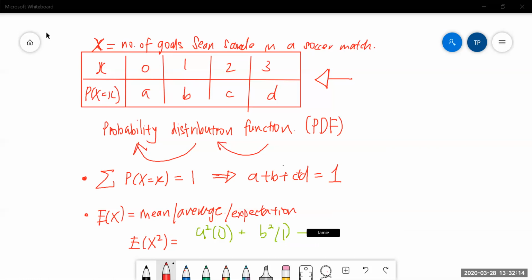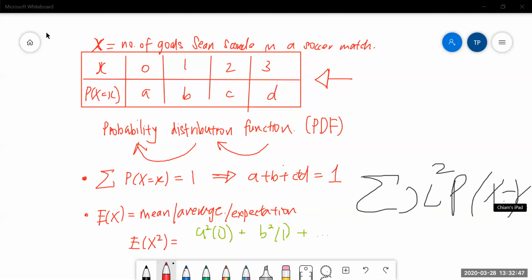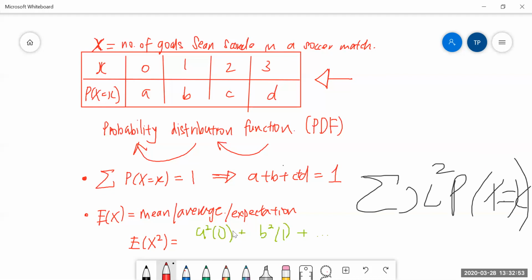Yeah, then plus. Is that it? Yes, correct. So both are correct. Okay. So this is correct and this is also correct.